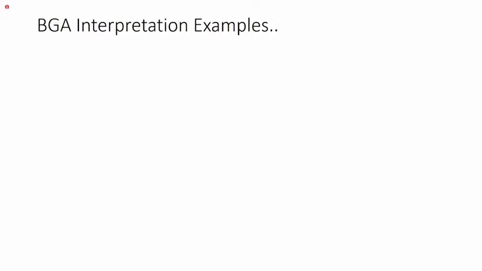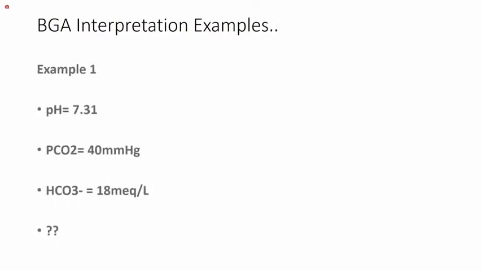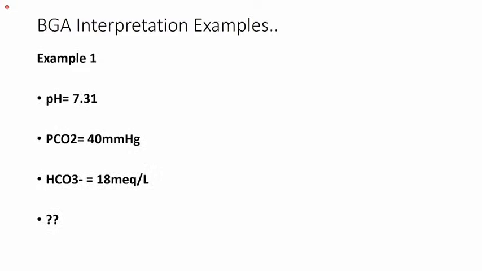Khan, you'll probably be the first one because you're able to unmute yourself. So prepare. So example number 1, you get your BGA and the pH is 7.31. So immediately you recognize that this is less than 7.35. Therefore, this is acidosis. So you already get 1 mark for that.